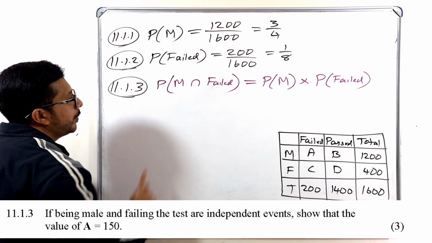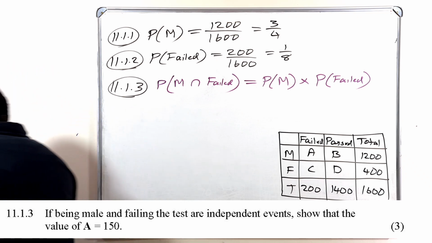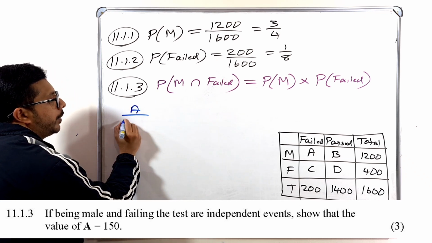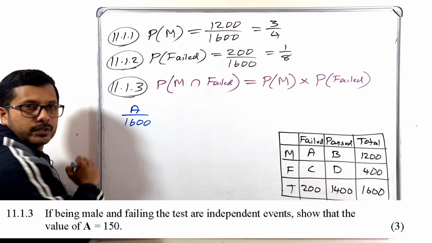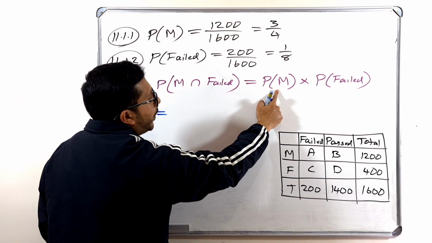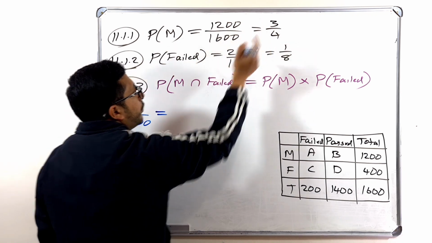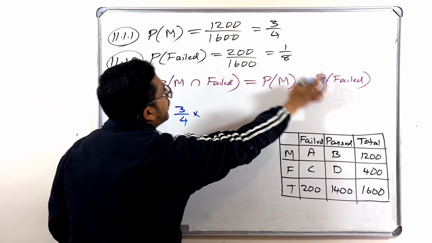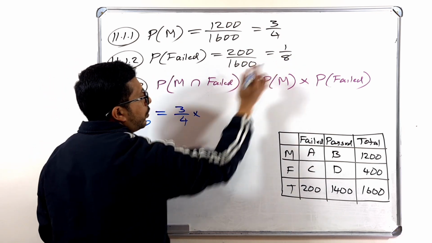Since it is a probability, we write A divided by the total, which is 1600. This is equal to the probability of male, which we already got as 3 over 4, times the probability of failed, which we also got as 1 over 8.